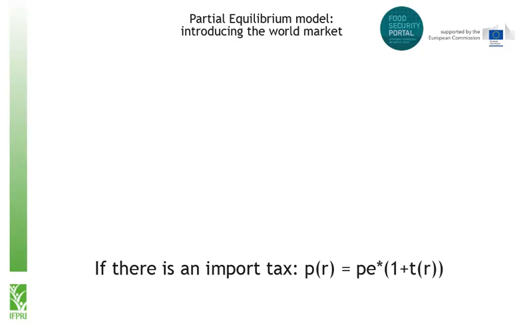And if there is an import tax, for example, we start with this example, in fact, the local price is above the world price, and the type of relation is P_r is equal to the world price, PE, times 1 plus the tariff imposed by country r on its imports.